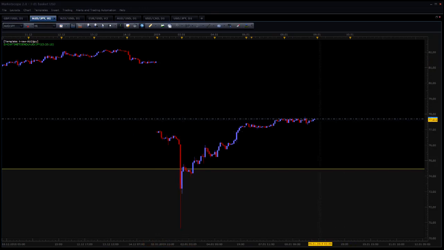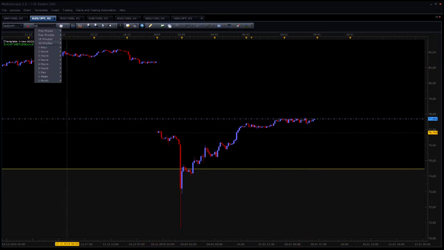Recovered from the gap. Interesting. Me personally, I find no interest in trading this currency pair until something makes sense to me and I know that I have a low risk probability and a large probability of reward. That is that. What is that? Aussie yen.